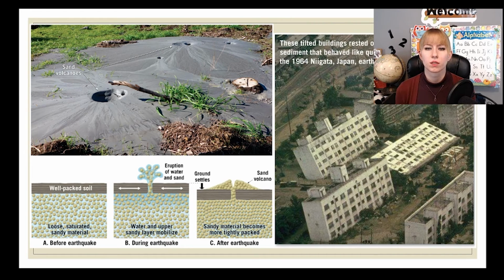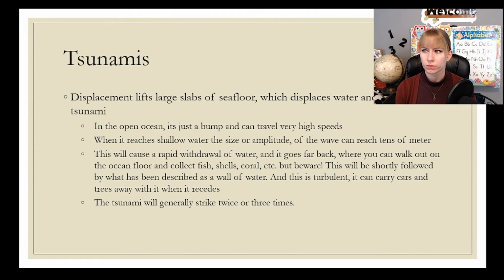These buildings rested on unconsolidated sediment, which acted like quicksand in the 1964 Niigata, Japan earthquake. I'll post a video as well in your Canvas page, so you can go watch it, which shows how quickly this happens and what kind of damage you get from it as well.